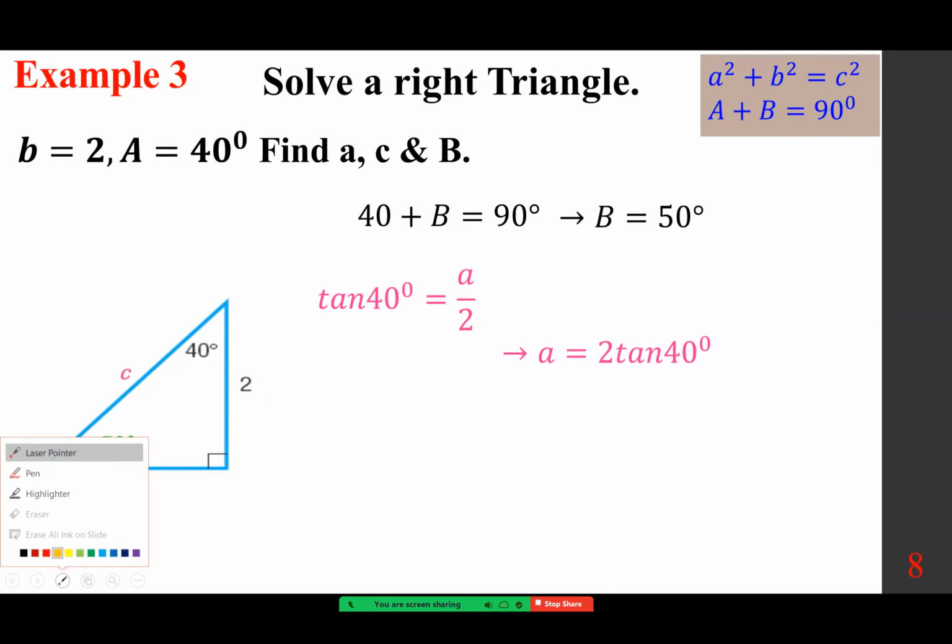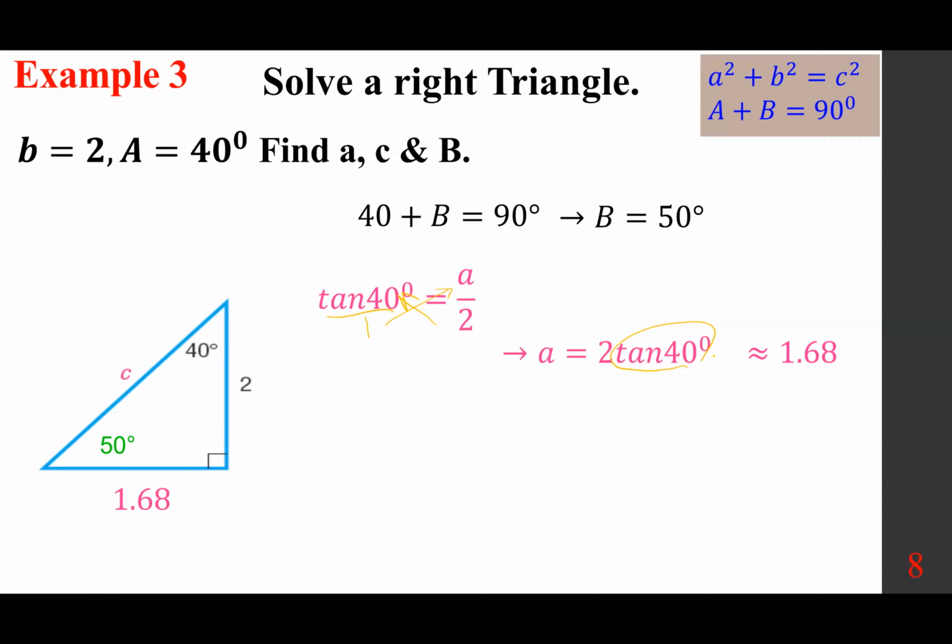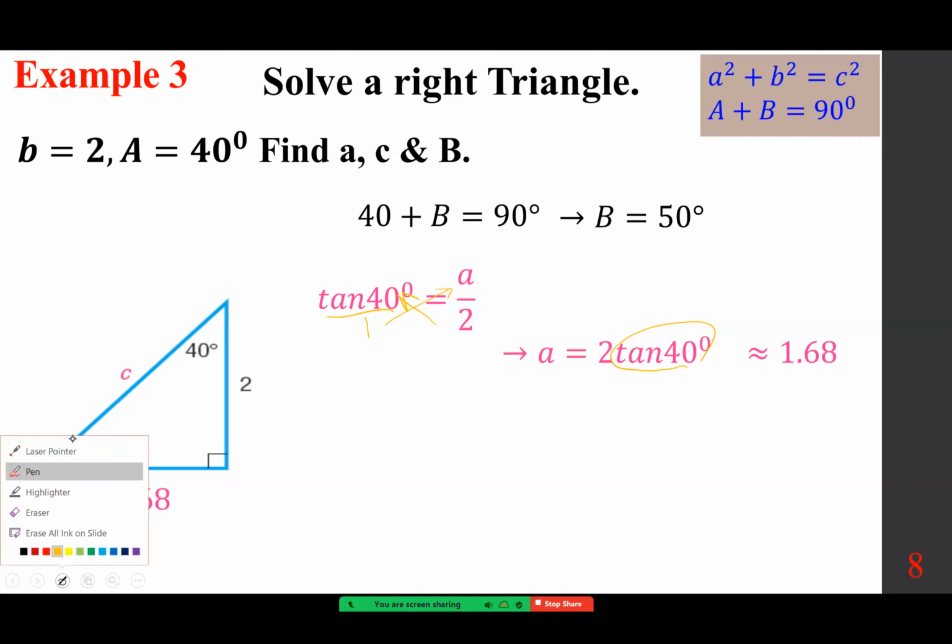Now, of course, you use a calculator for tan of 40. You multiply it by 2 and you get almost 1.68.